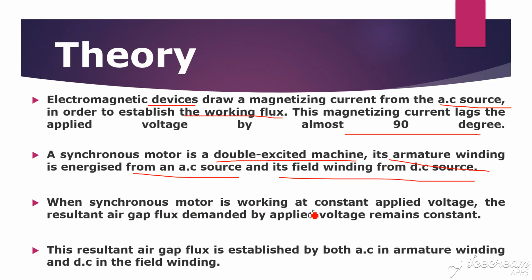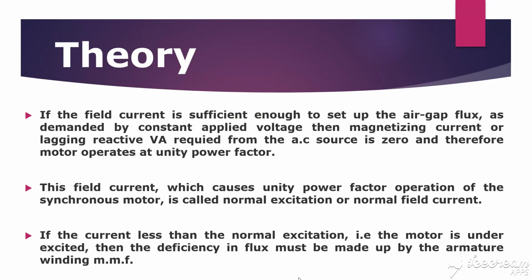When the synchronous motor is working at a constant applied voltage, the resultant air gap flux demanded by the applied voltage remains constant. The resultant air gap flux is established by both the armature winding and the DC field winding.